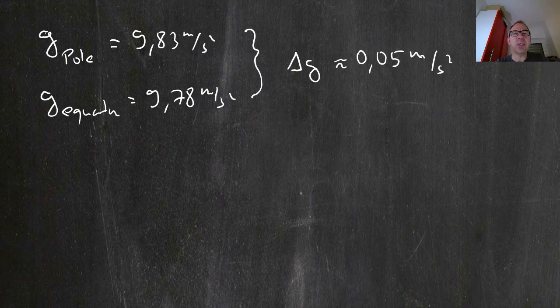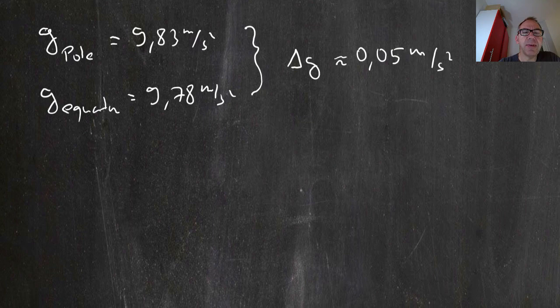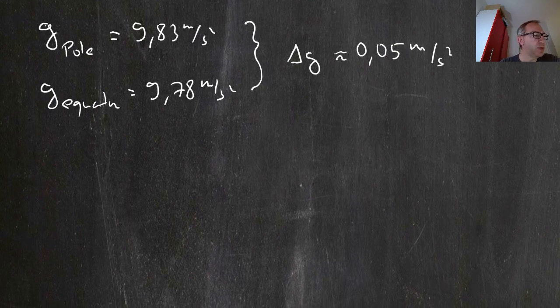And the question is now, where does this come from? One answer is, well, the Earth is not a complete sphere, it is a little bit flattened, and therefore the distance from the center is different. And in fact, this is true. But there is also a second influence on this value, and this influence is rotation, the circular motion.